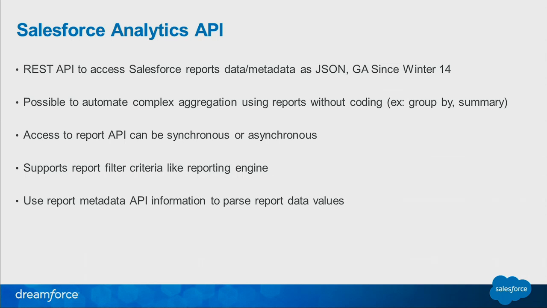On the front end, for our purposes, we can simply consume this data and do some presentation, which is really cool, and you can even avoid some complex coding if you think about it clearly. These reports can be run synchronously or asynchronously. The report API supports the similar kind of filter query which the reporting engine supports, which is very nice.